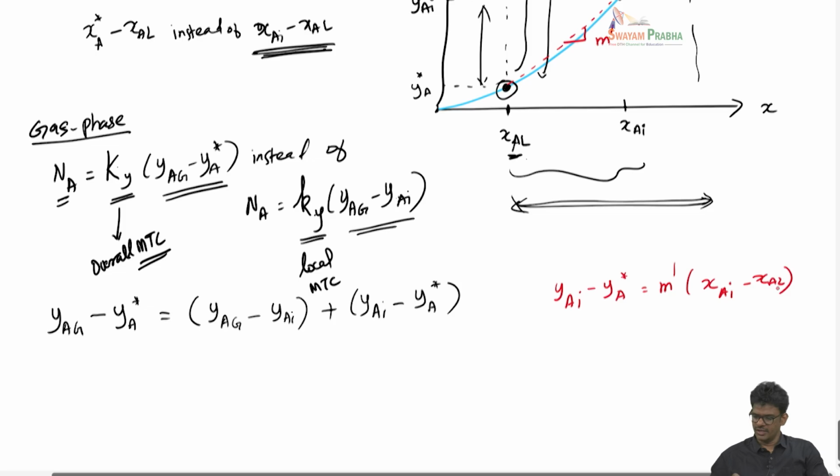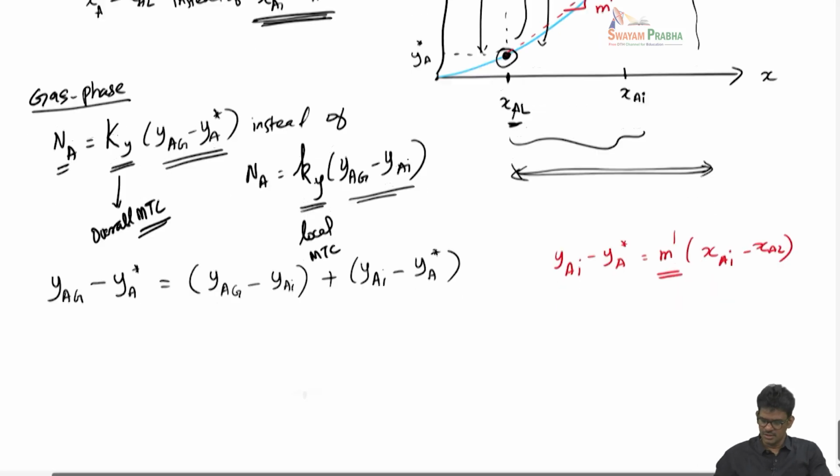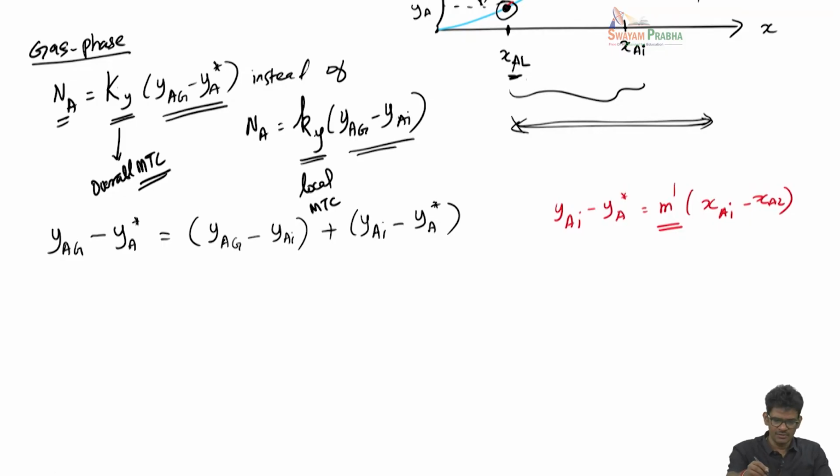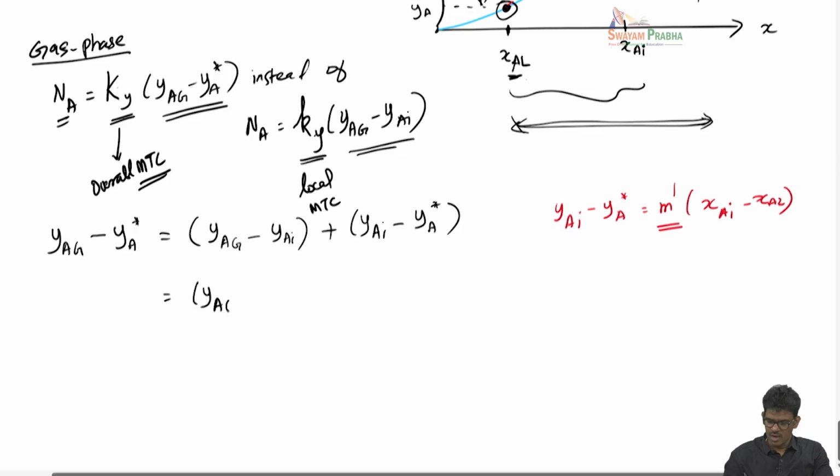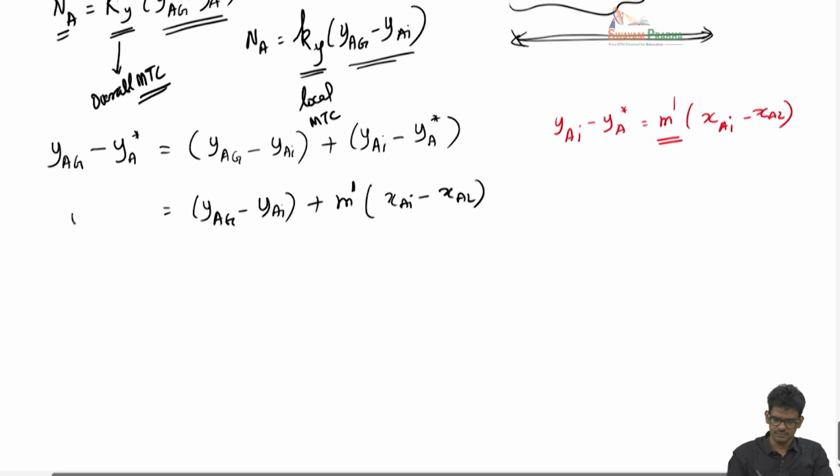Here I am introducing a new slope of the line connecting the two superficial concentrations here and then the concentration here. And the reason for doing that will be very clear now, that we will write this as YAG minus YAI plus m prime times XAI minus XAL. So this is the total driving force.